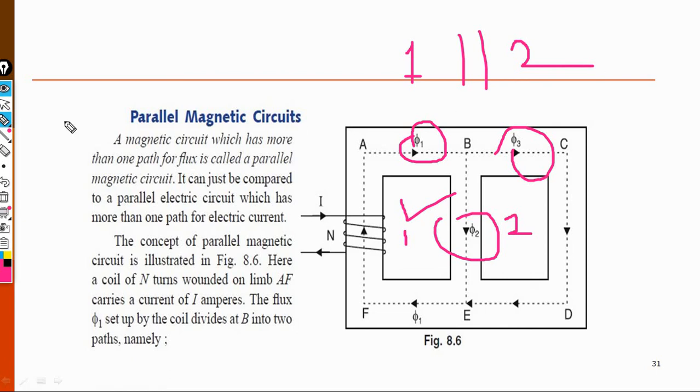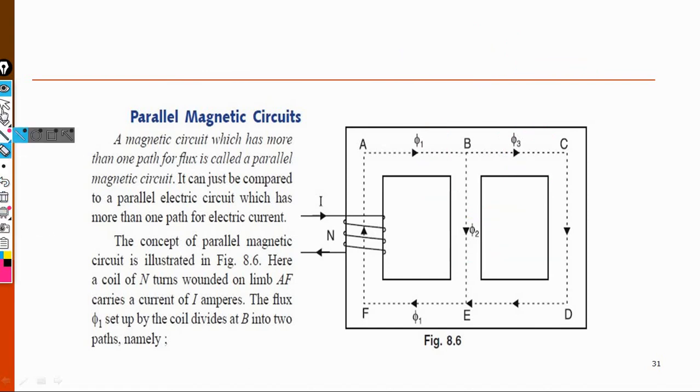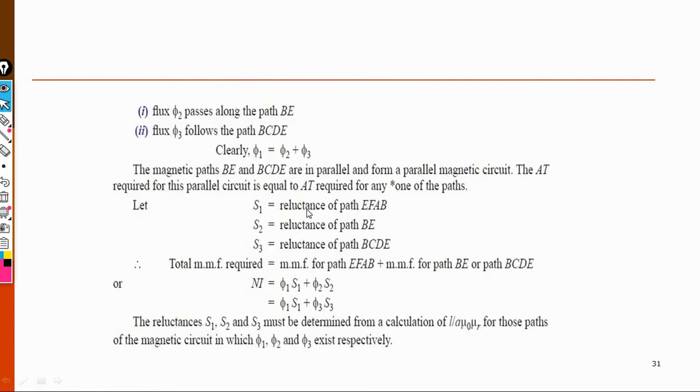Now this is N for number of turns, I for current, and phi 1, phi 2, phi 3 for flux. This is the circuit diagram for a parallel magnetic circuit, and now we need its expression.